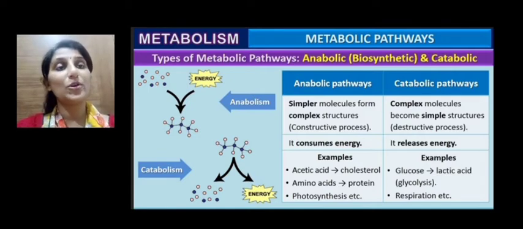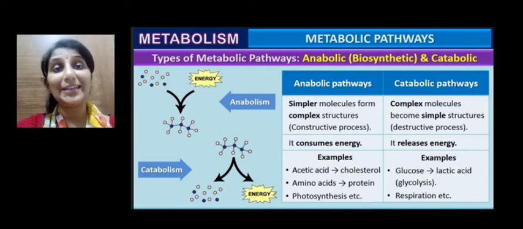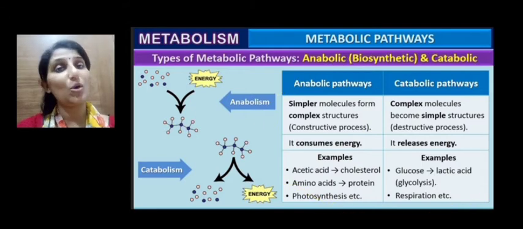Whereas in the catabolic process, complex molecules are broken down to simpler structures. It is a destructive process, and there is release of energy. For example, glucose is converted to lactic acid in glycolysis, and respiration are catabolic processes. So that's the main difference between catabolism and anabolism, which together constitute metabolism.